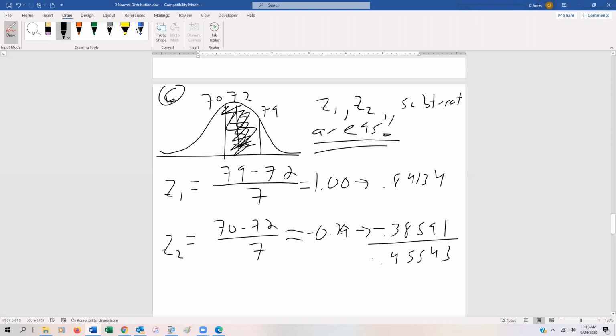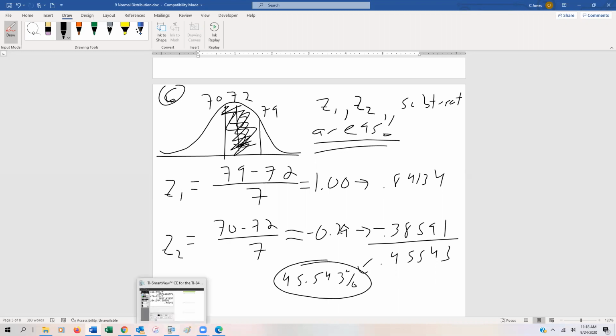And then technically, because the question does ask for percent, we do have to convert it. So 45.543% is going to be our answer.